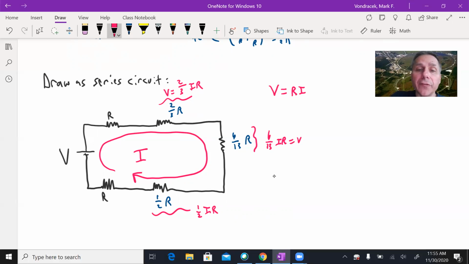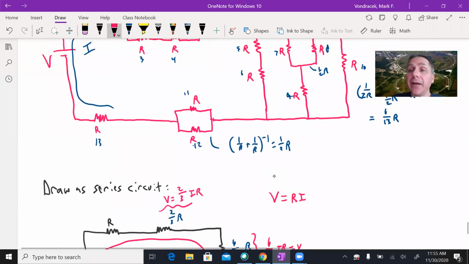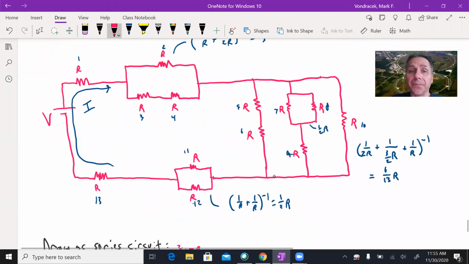Those are the voltages on those light bulbs, on those resistors, which is equivalent going back up to the real thing. Remember, the beauty of parallel, the miracle of parallel, is that branches are at the same voltage.